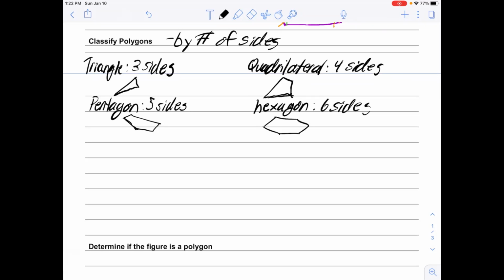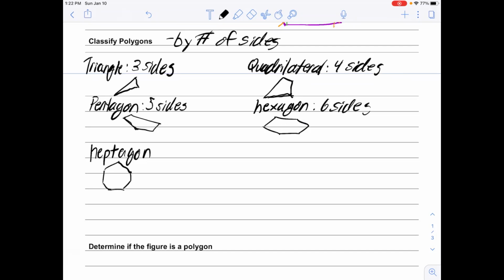A heptagon has seven sides. And the way we often draw that is by drawing the top like a little house, then drawing two sides down, then two little diagonals, and then a bottom.